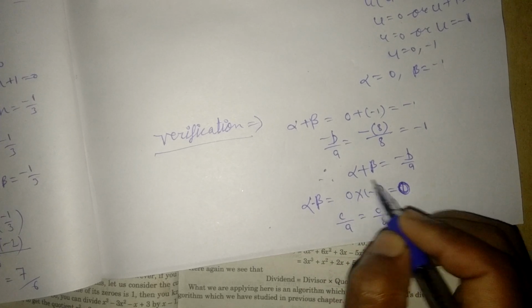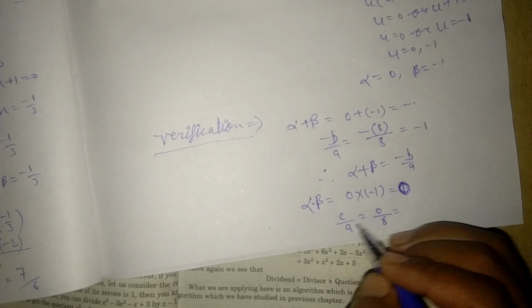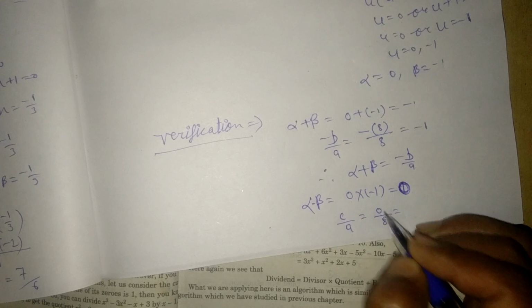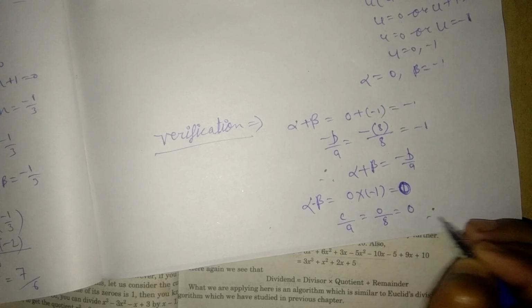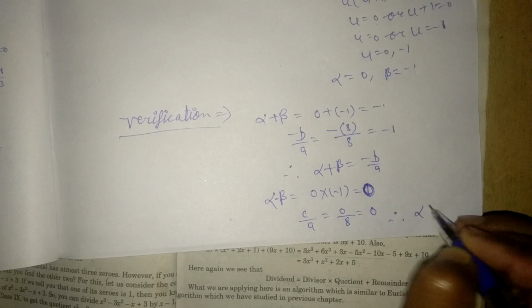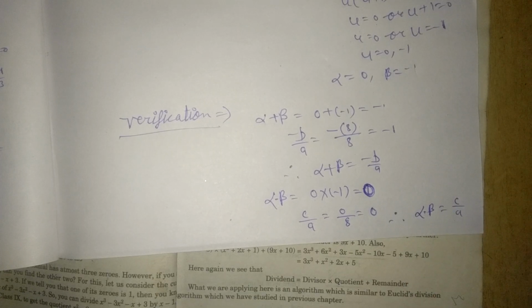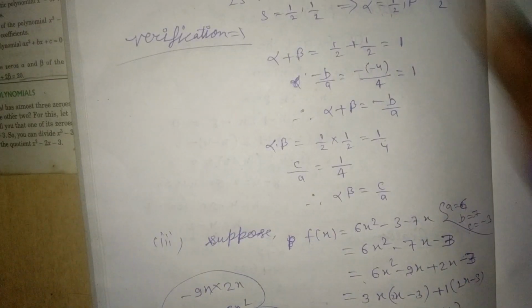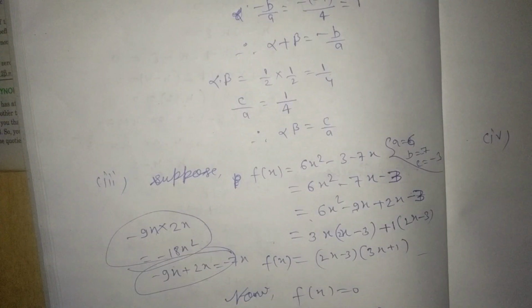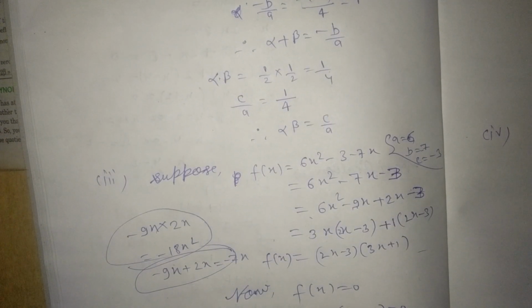When we multiply 0 by any number you will get 0, and when you divide 0 by 8 you will get 0. Therefore the second condition alpha beta equal to c upon a is also verified, so we can say that the relation between zeros and coefficients is verified for that question.